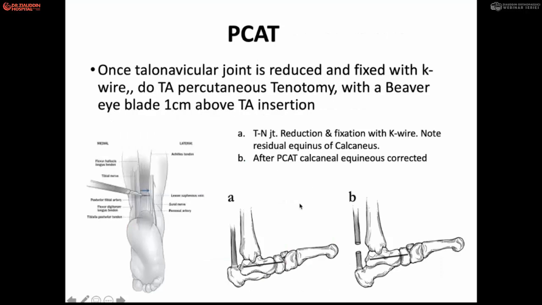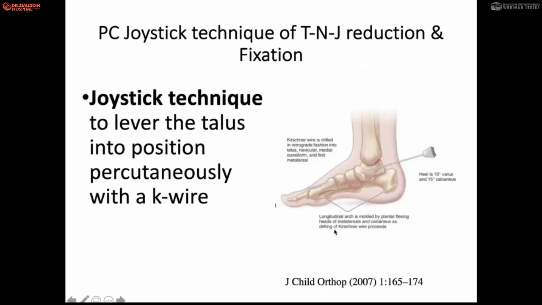Here is again a detailed method. You initially reduce the talonavicular joint, over-reduce, pass a K-wire through the talar head retrogradely, and then reduce the navicular. Once you reduce the navicular, pass the K-wire there, and once you achieve the correction, you do the tendo-Achilles lengthening, which is also a percutaneous procedure. Sometimes people use a joystick technique.